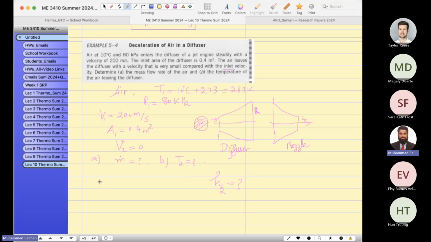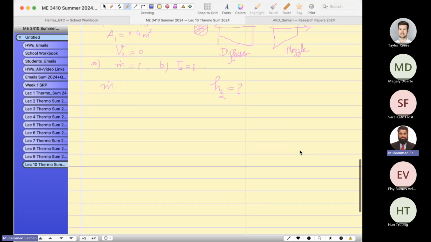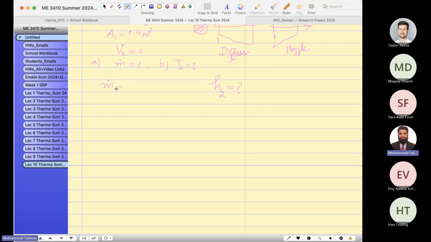So the mass flow rate, if you go to this slide, please take a look, m dot is rho A V. I can show you the formula. The formula for mass flow rate equals rho, A, and this is velocity.